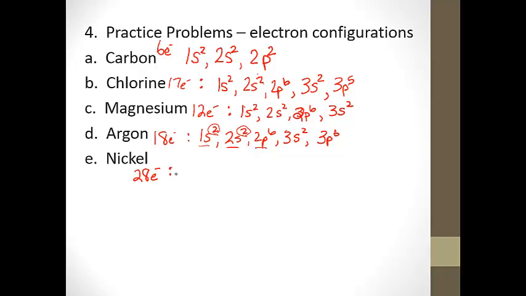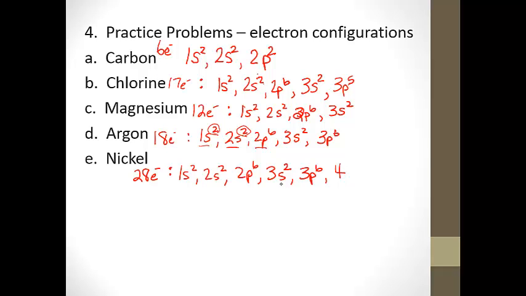So we know argon has 18. So we know we can definitely use everything that we had for argon: 1s2, 2s2, 2p6, and if we occasionally check it on our diagonal rule, we know that when we get to 3p, the next energy level and orbital that we're going to get to is actually the 4s.